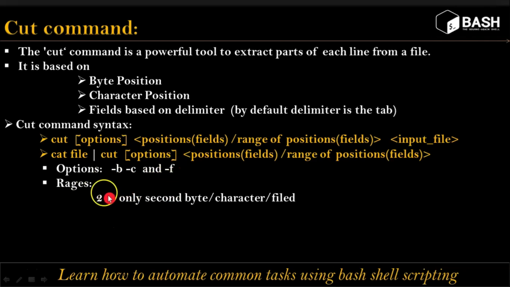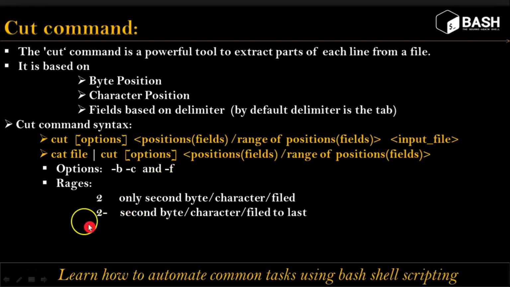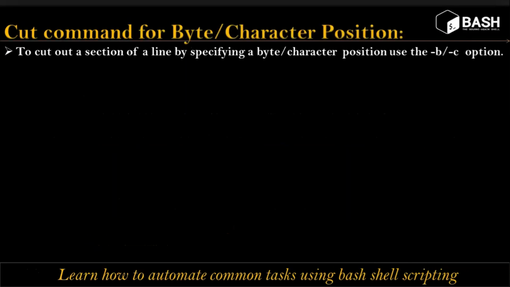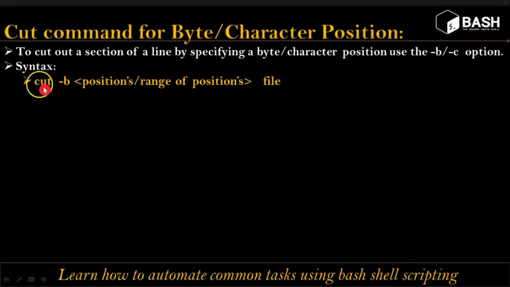For the -f option, 2 means second field. 2- means second byte to last byte or second character to last character, and in -f, second field to last field. Now you know the usage of the remaining things, right? Now I am giving the syntax for byte and character separately and for field separately. Cut -b, then positions or range of positions, characters or range of characters. That's it.